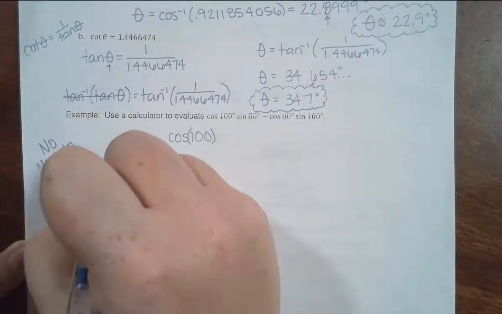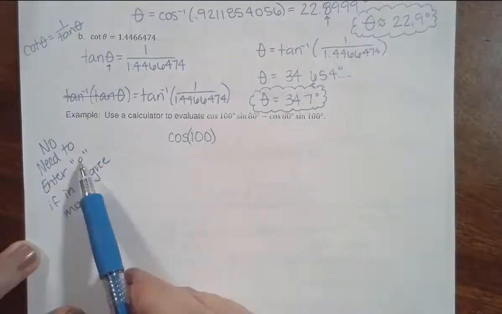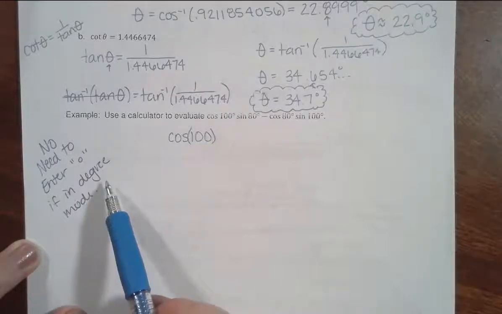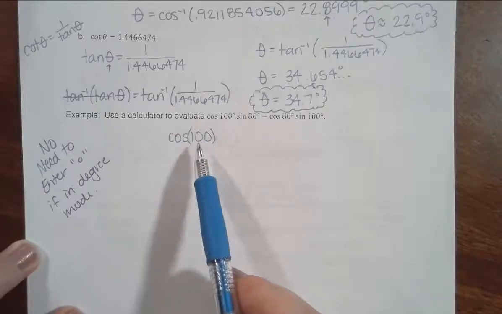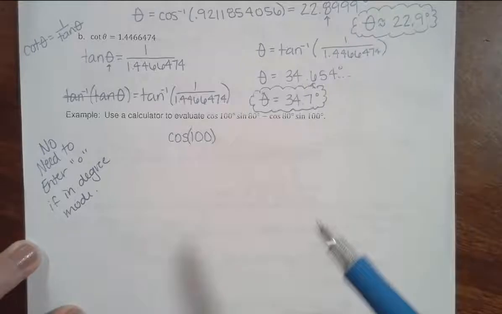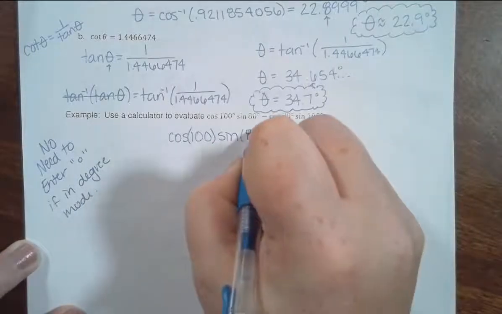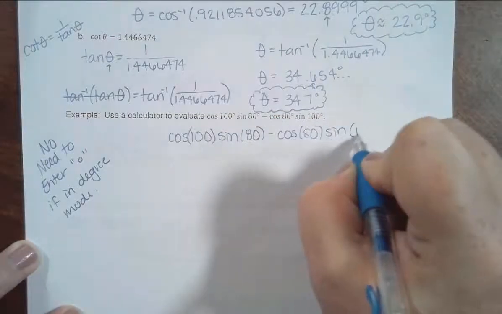The only time you absolutely have to use the degree or the seconds and the minutes is if you have degrees, seconds, and minutes, right? If you just type in 100 and you're in degree mode, it's going to assume that that's 100 degrees, okay? So cosine of 100, sine 80, minus cosine 80, sine 100. Okay? We should be able to just type it all in one step like that.